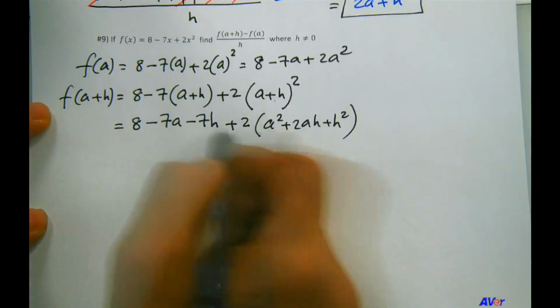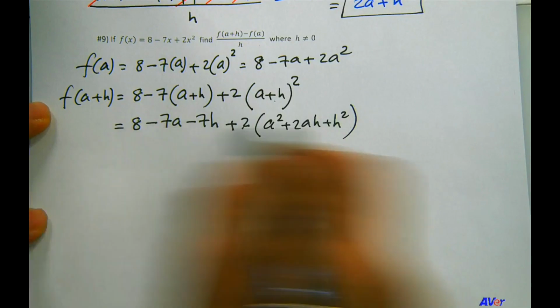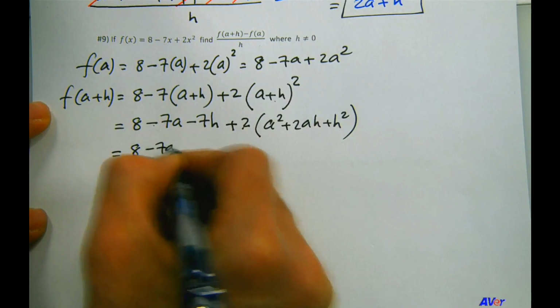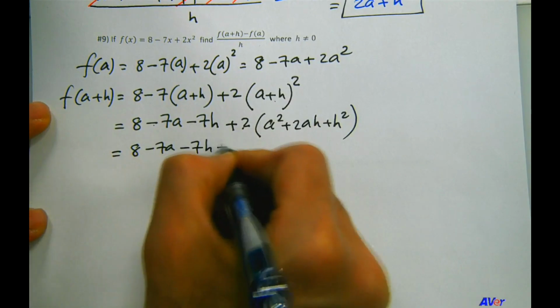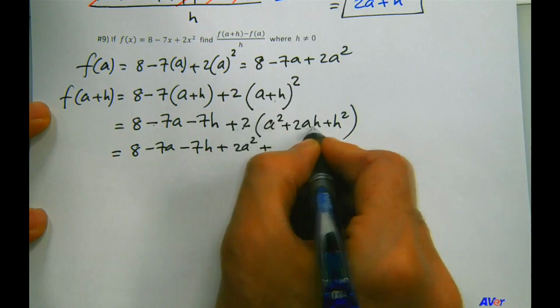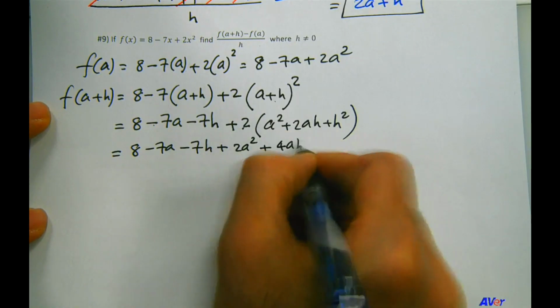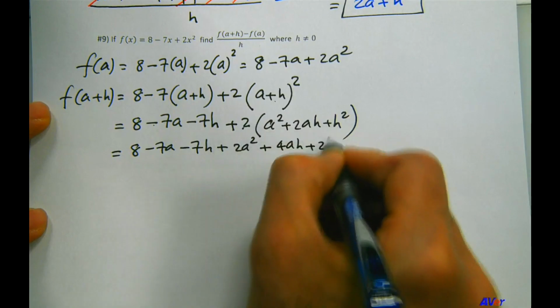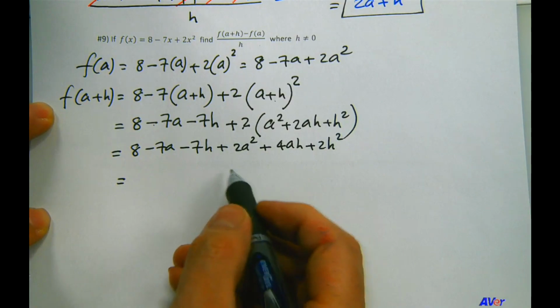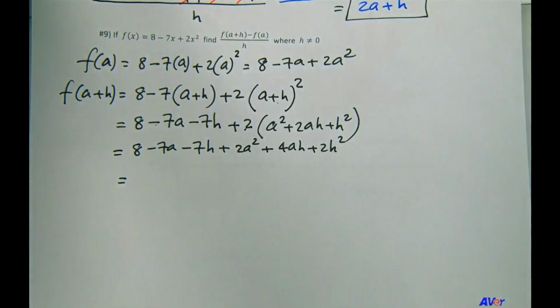So let's distribute the 2 into that and see what we can or cannot combine in this equation. So 8 minus 7a minus 7h plus 2a squared plus 2 times 2ah is 4ah, 2 times h squared is 2h squared. Is there anything we can simplify? Do we have another constant beside 8? No.